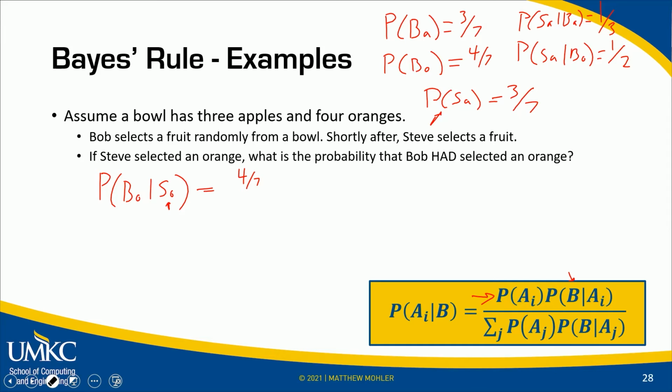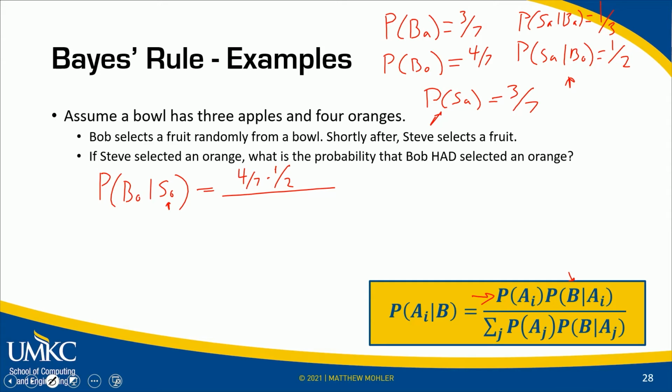Now, we hadn't previously calculated the probability of Steve selecting an orange given that Bob selected an orange, but we can say that it's just the complement of Steve selecting an apple given that Bob selected an orange. So in this case, it's 1/2, or 1 minus 1/2. So 4/7 times 1/2.